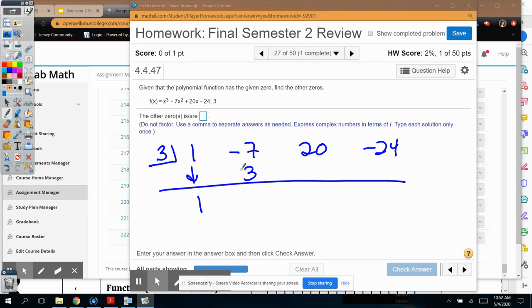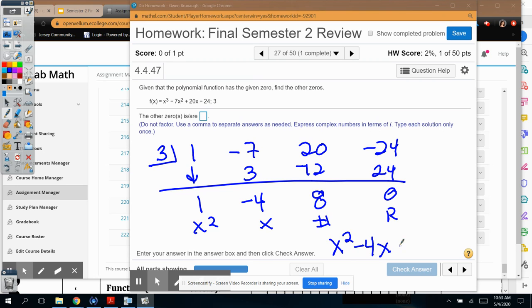You multiply, you add. You multiply, you add. You multiply, and you have to get 0 here. So that's your remainder number, x and x squared. And I get x squared minus 4x plus 8. And that does not factor. So you have to do division here.